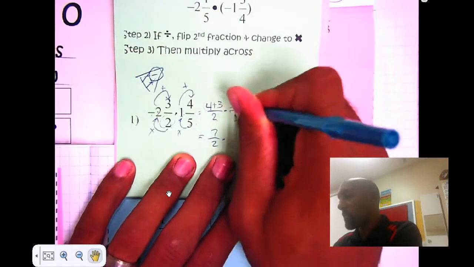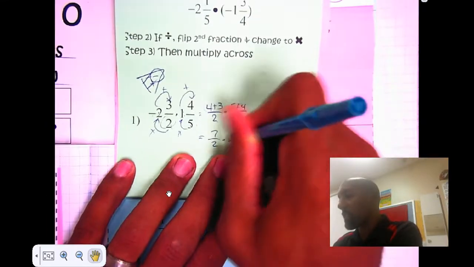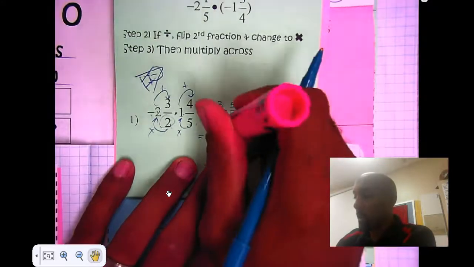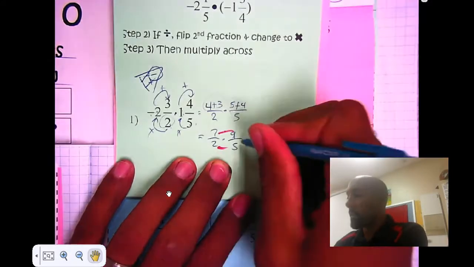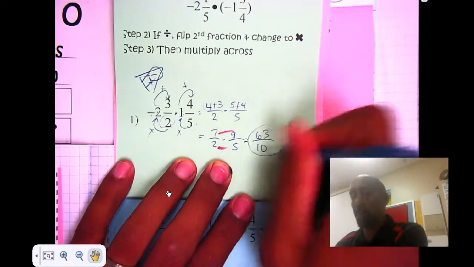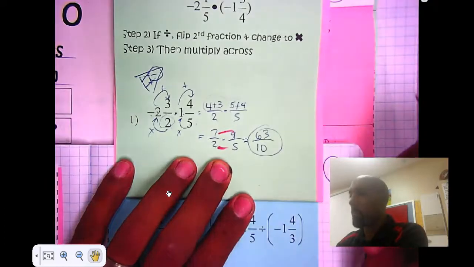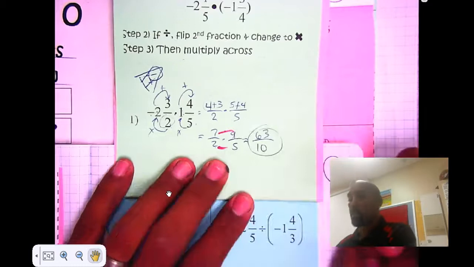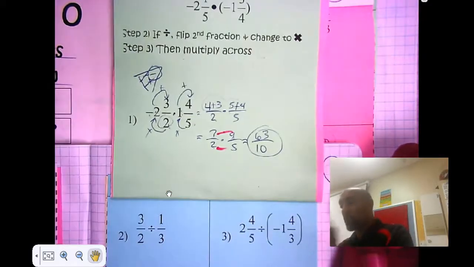And then 5 plus 4 is 9 over 5. And again, now we have two fractions that we multiply and we go across. 7 times 9, 63. And 2 times 5, 10. Okay? Remember, we multiply across. From left to right. Okay?